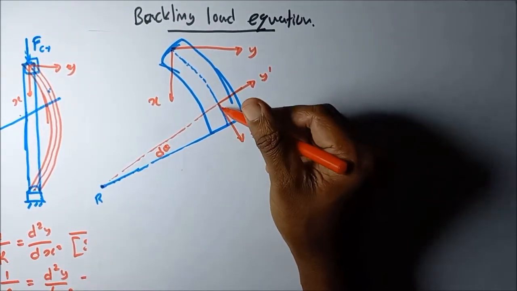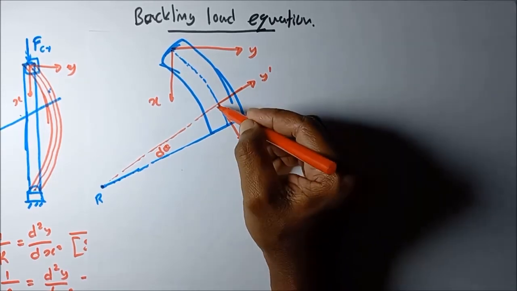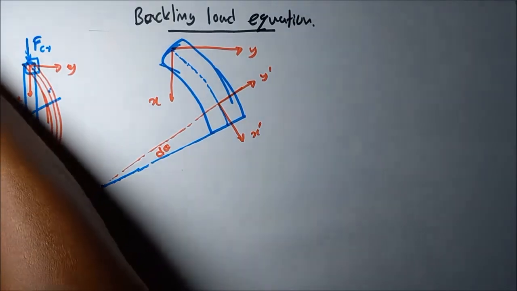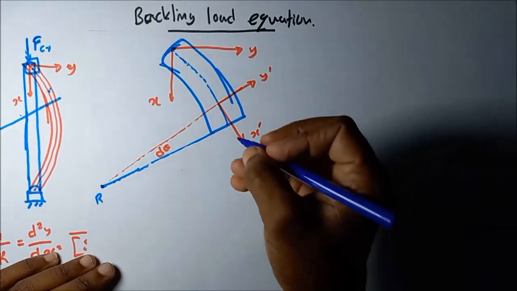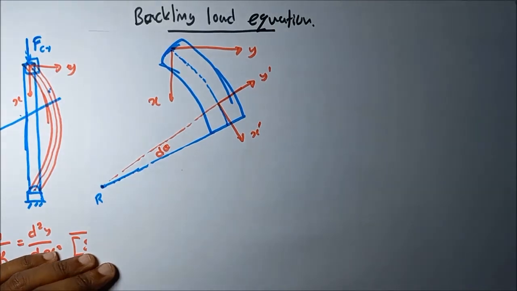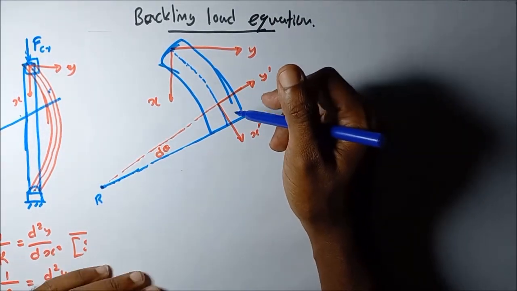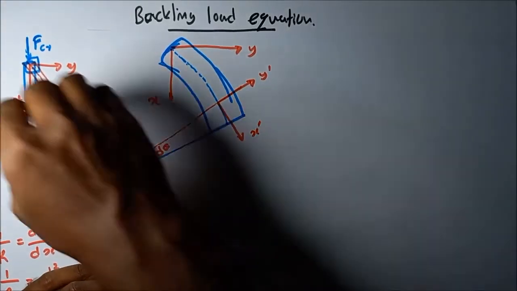The another coordinate system we assign by taking this point as the center. Actually this calculation you already know, because when we were discussing the bending stress formula, the same calculation we did. So I'm repeating that here.